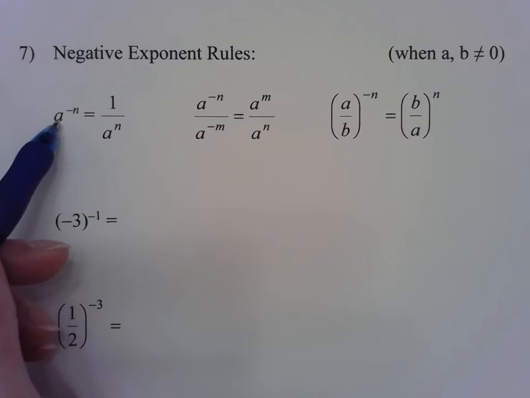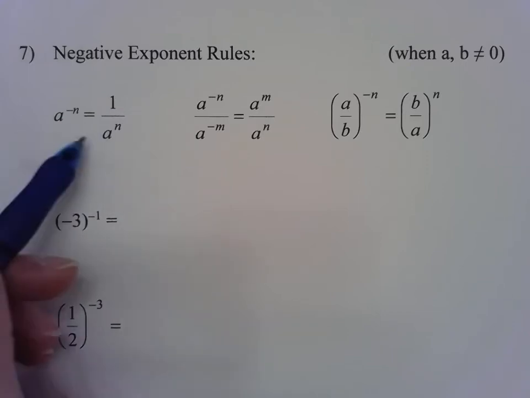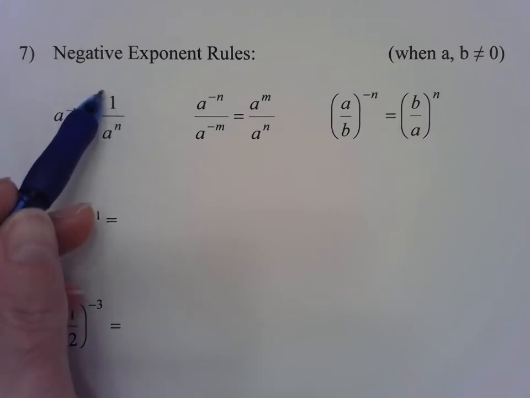So if I have a negative exponent in the top of the fraction, it's going to move across the fraction bar into the bottom. If it were in the bottom and it were a negative exponent, it would move across the fraction bar up to the top.